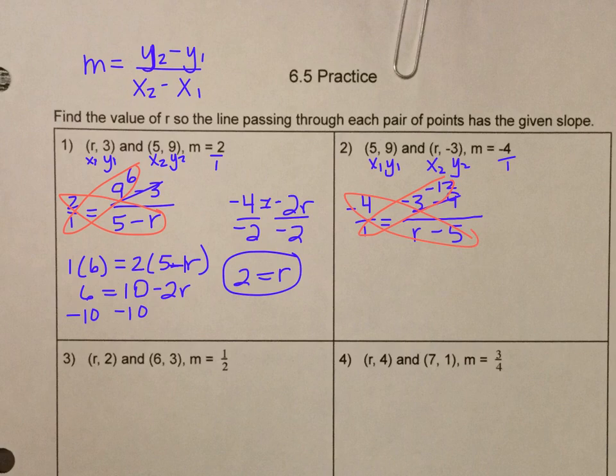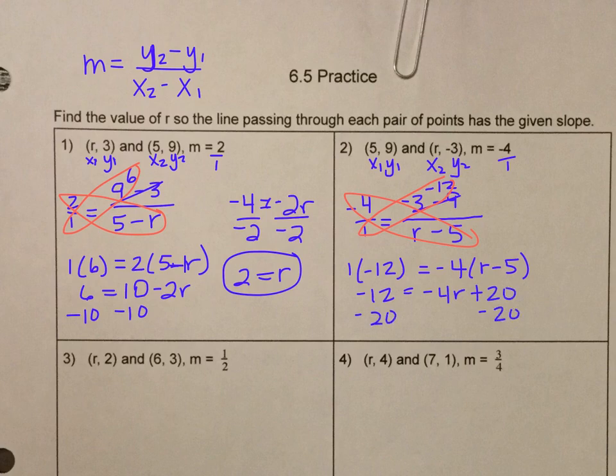So I have 1 times negative 12 equals negative 4 times r minus 5. Negative 12 equals negative 4r plus 20. If I subtract 20, I get negative 32 equals negative 4r. We got to divide by negative 4. I'm left with r equals 8.